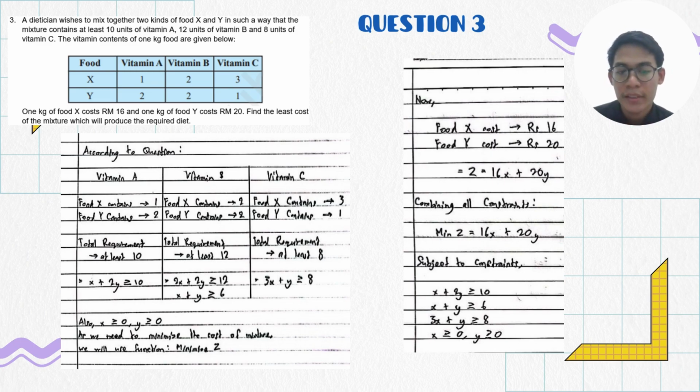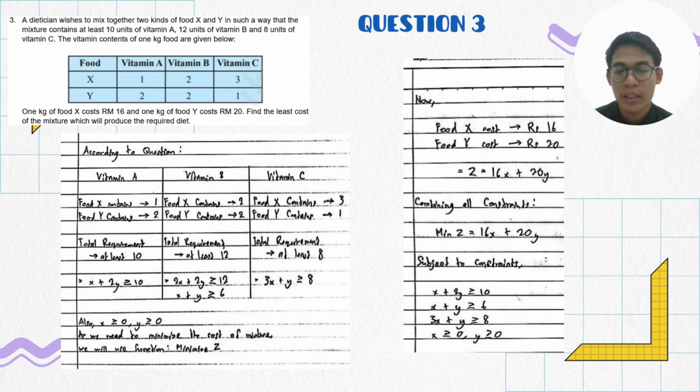For vitamin B, food X contains 2 and food Y also contains 2. The total requirement is at least 12. For vitamin C, food X contains 3 and food Y contains 1. The total requirement is at least 8.